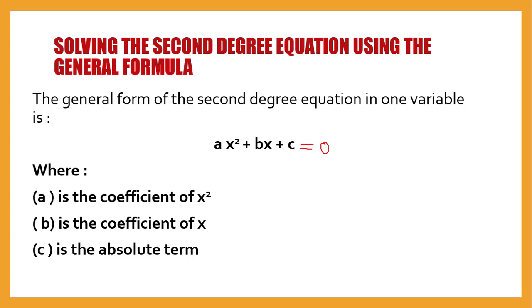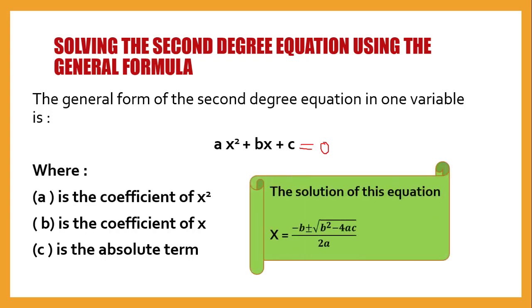The general formula to solve this equation is x equals -b positive or negative square root of b power 2 minus 4ac, over 2a. This is the general formula to get the solution.